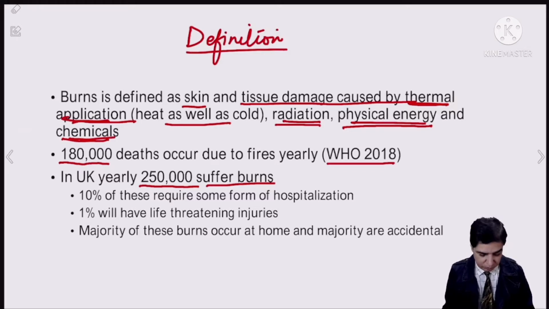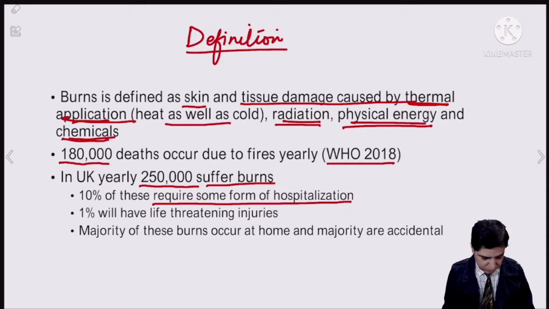Now, 10% of these 250,000 require some form of hospitalization or some form of inpatient care in the form of dressing, or they might be needing some form of support like surgical debridement. They might be associated with some form of complications like superadded infection, so on and so forth.